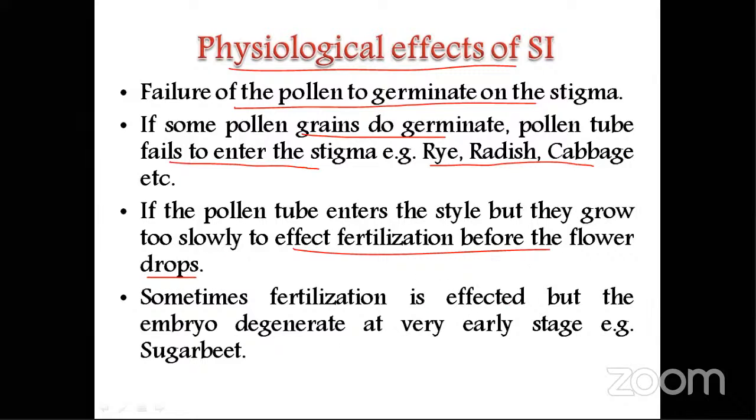Another condition is when sometimes fertilization is effected but the embryo degenerates at a very early stage. That condition will be called late acting self incompatibility. Okay, so all the steps have been normal, up to the fertilization process, even the fertilization is there, but the embryo is not able to survive.